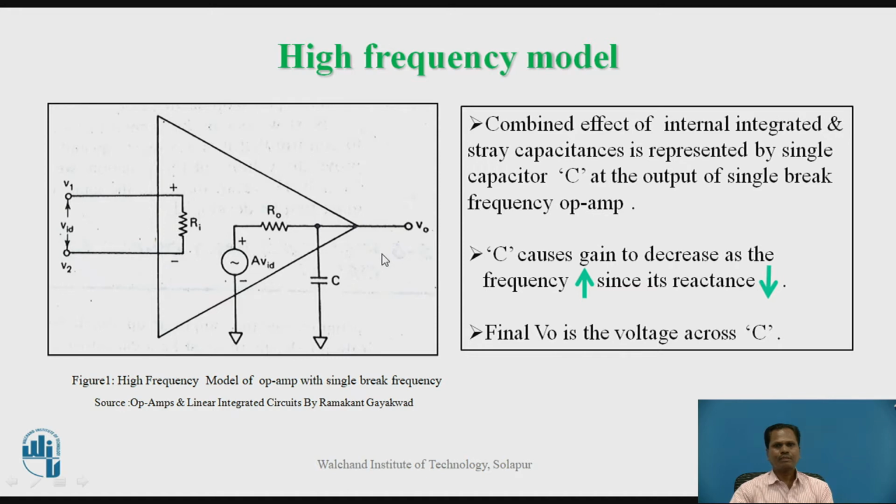This C causes the gain to decrease as input signal frequency increases, because the reactance of this capacitor decreases as frequency increases. So the final output voltage of the operational amplifier is the voltage appearing across C.